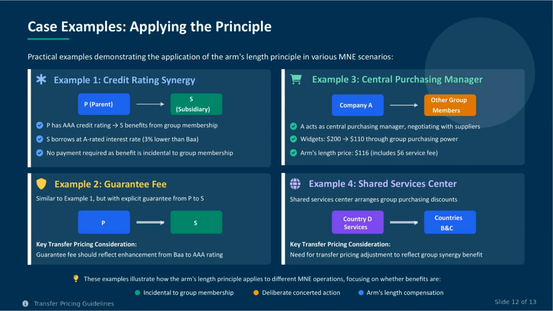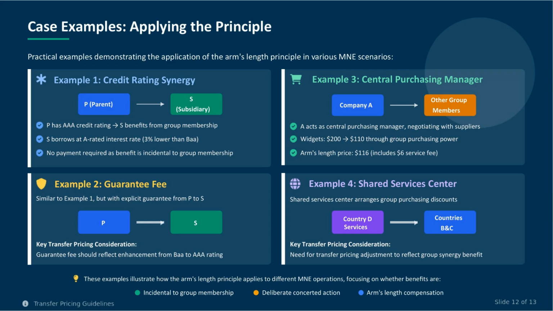Consider a parent company P with a AAA credit rating, and its subsidiary S with a BBB credit rating. Due to group association, S can obtain a loan at an A-rated interest rate, one notch above its standalone rating of BBB. This is a benefit of borrowing at a lower interest rate without needing to compensate the parent.